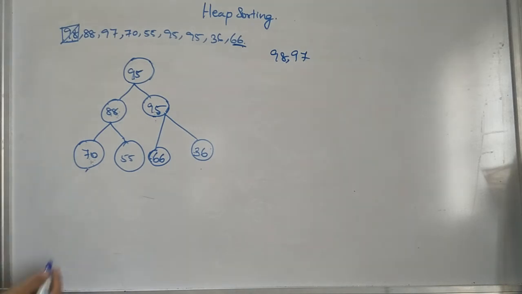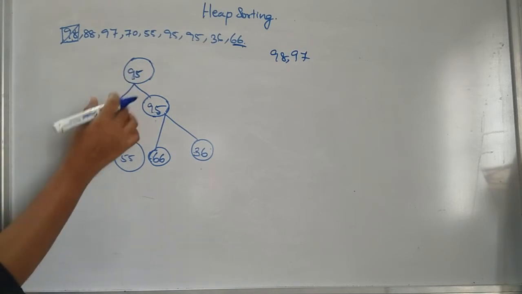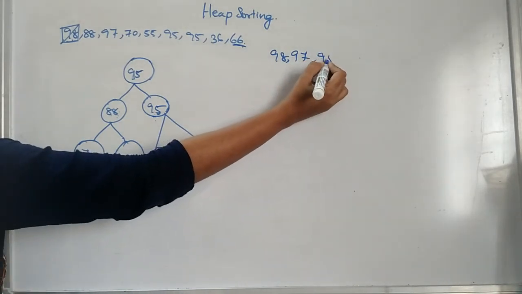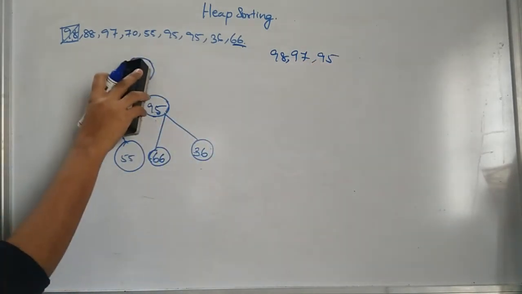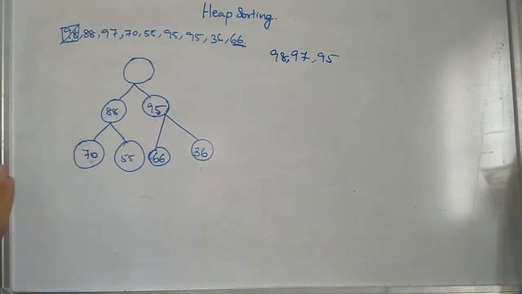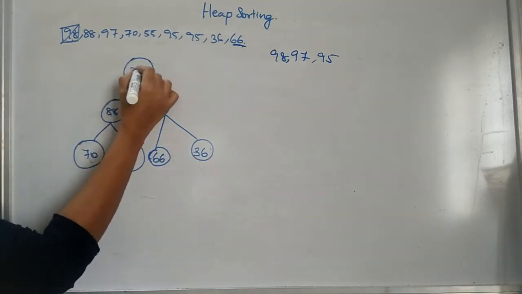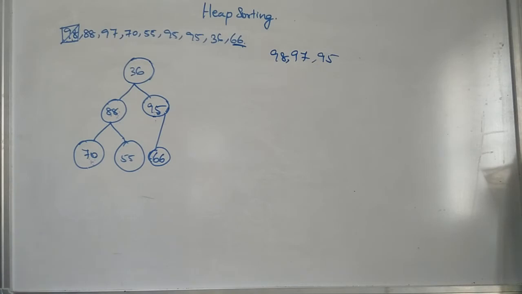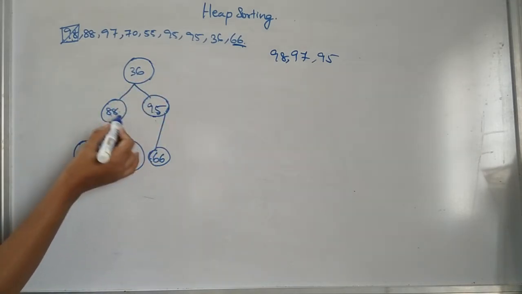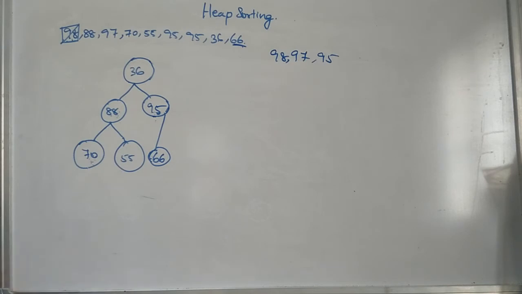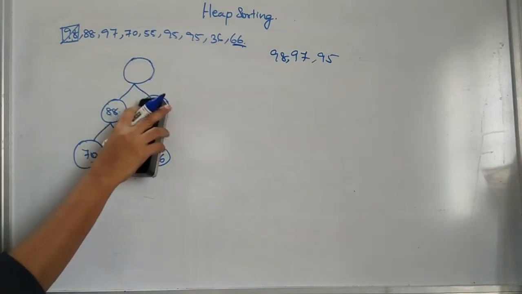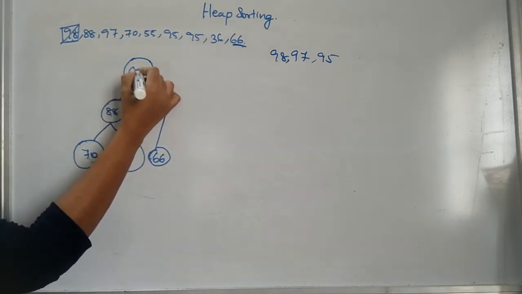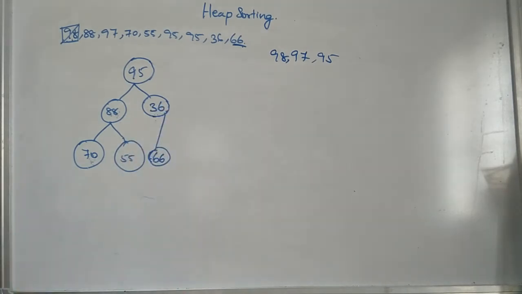After reshaping, next I am going to remove the next element, 95. If I wish to remove the element 95, it must be replaced by the last element. Here the last element is 36, so I can write it here and remove this node. Again check for the condition. 36 is less than its children, so I repeat the swapping operations, and since 95 is the maximum number, I write 95 here and 36 here.